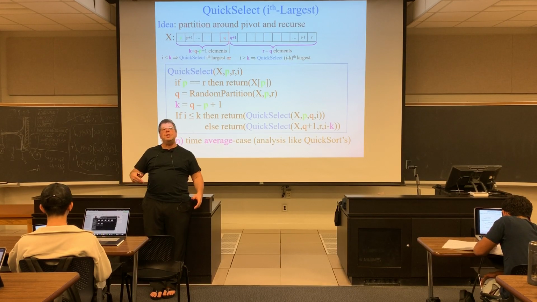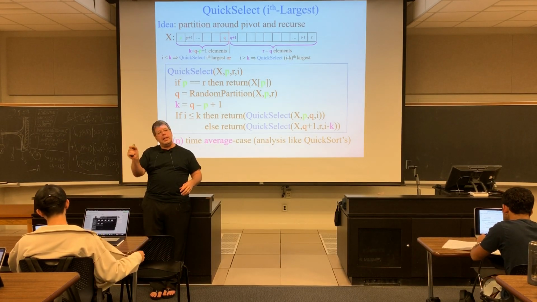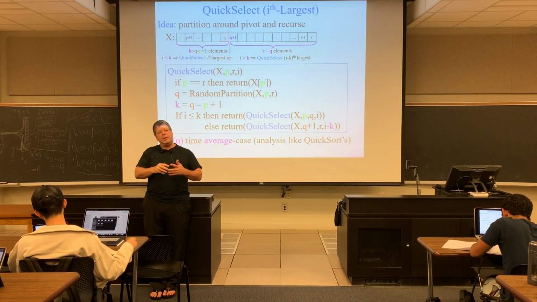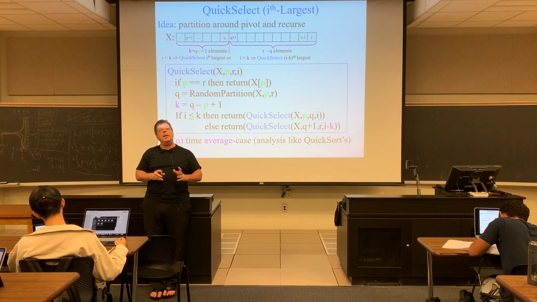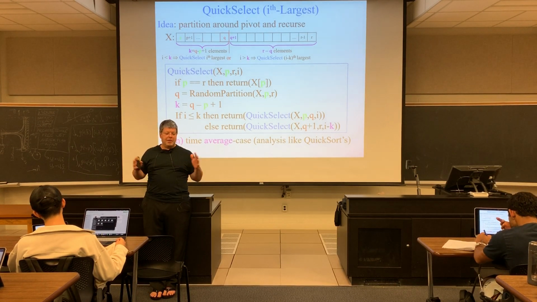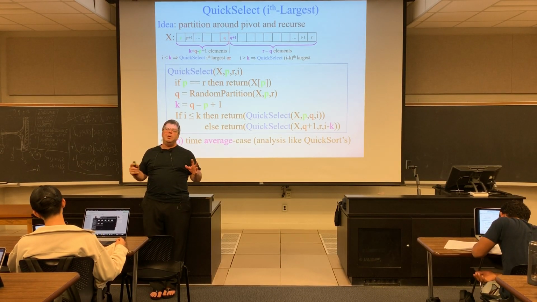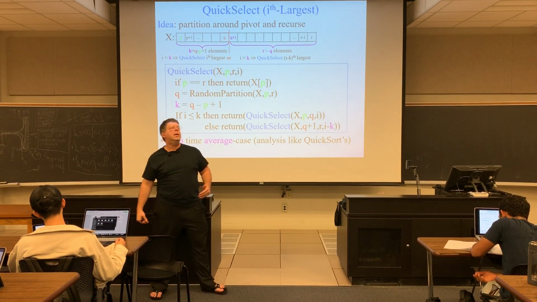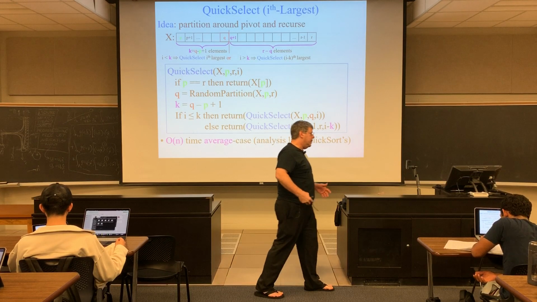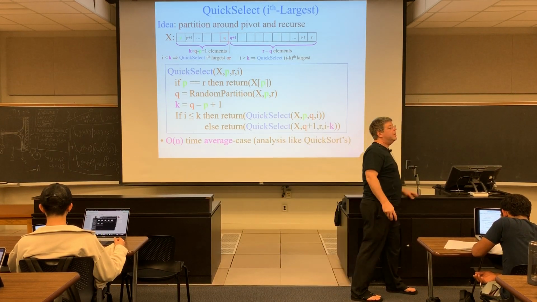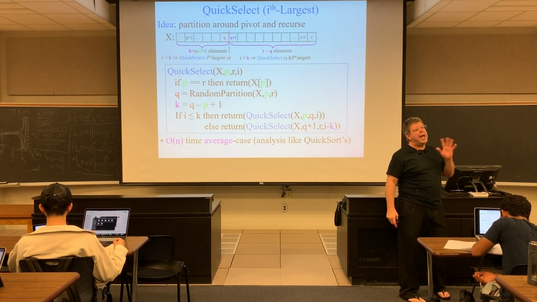And so on average, the portion size keeps decreasing exponentially by a factor of roughly 2 every time, and that converges. The total amount of work converges to linear. At first iteration, you'll do about n amount of work, then n over 2, then n over 4, then n over 8 in successive lower levels of the recursion, and that will all add up to linear on average. This is kind of an average analysis.